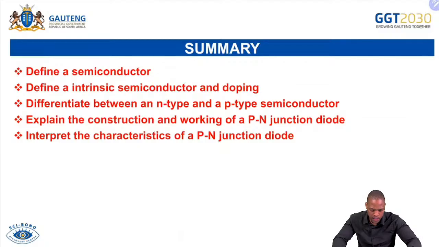Then also interpret the characteristics of a PN junction diode. As we have seen in the previous slide, the characteristics show the relationship between the current and the voltage, where we need a minimum voltage for the forward bias, called the knee voltage or cut-in voltage, for electricity to start conducting linearly. And in the reverse bias, we have a maximum voltage that you can expose the diode to, and we'll have a breakdown voltage there.